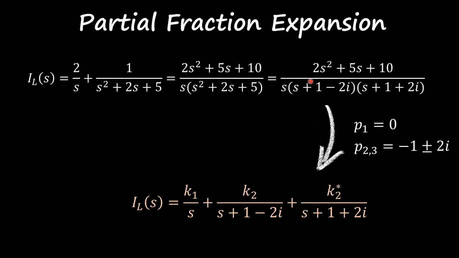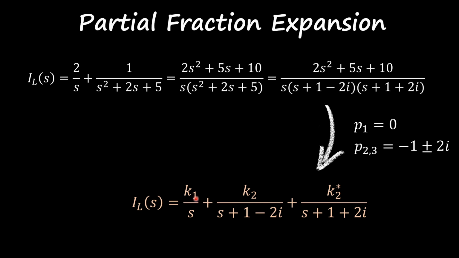Alright, so if I rewrite my original equation over here, I get a third format, which is this one over here, where instead of having it in this form, I have the poles represented in the denominator. Now my goal is to expand that to this format where I have the poles isolated from each other with the respective residues, or k's.